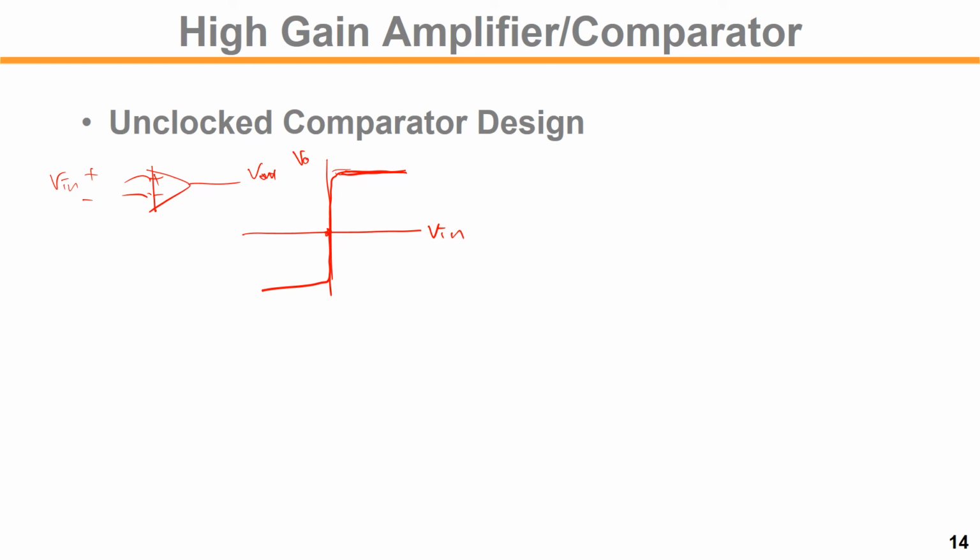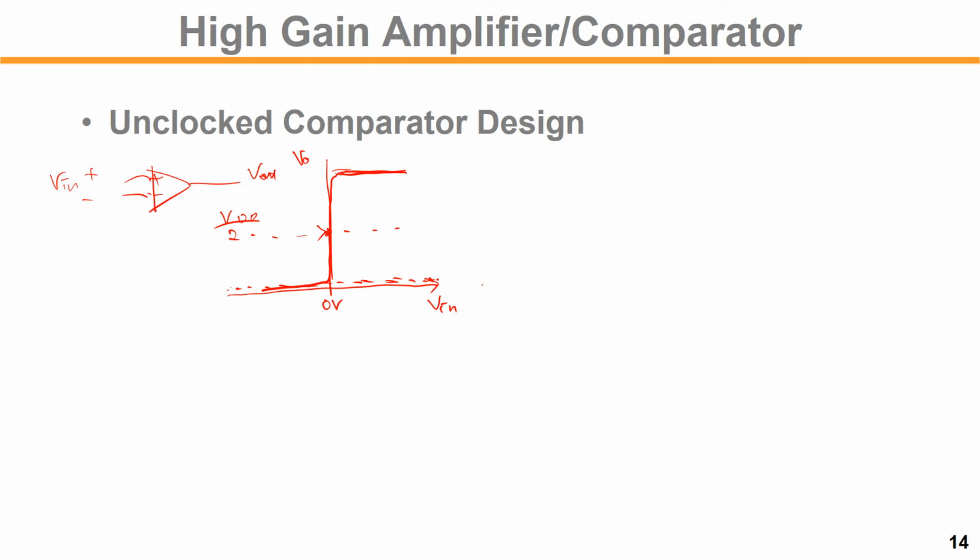In the other case, it generates the lowest voltage, which would be 0 here. So this is the VDD level, and this would be around 0 volts, right? That's the input, also 0 volts.